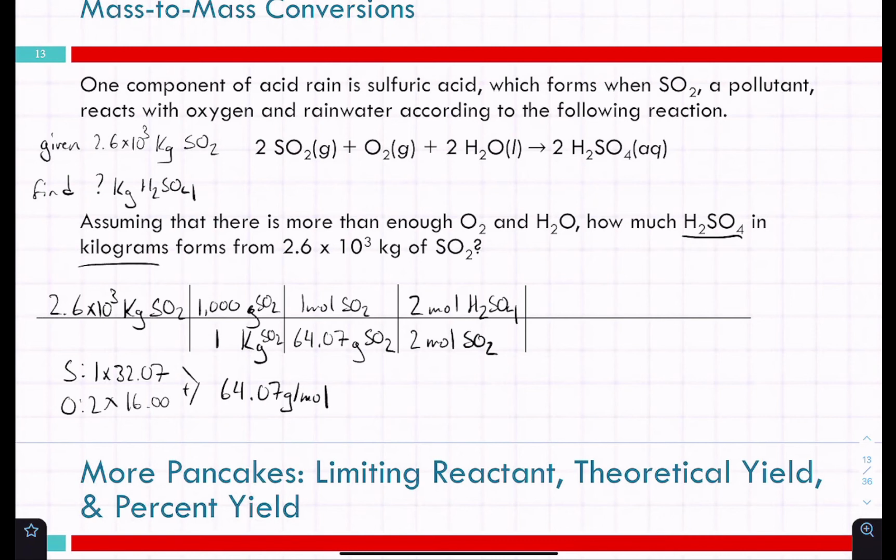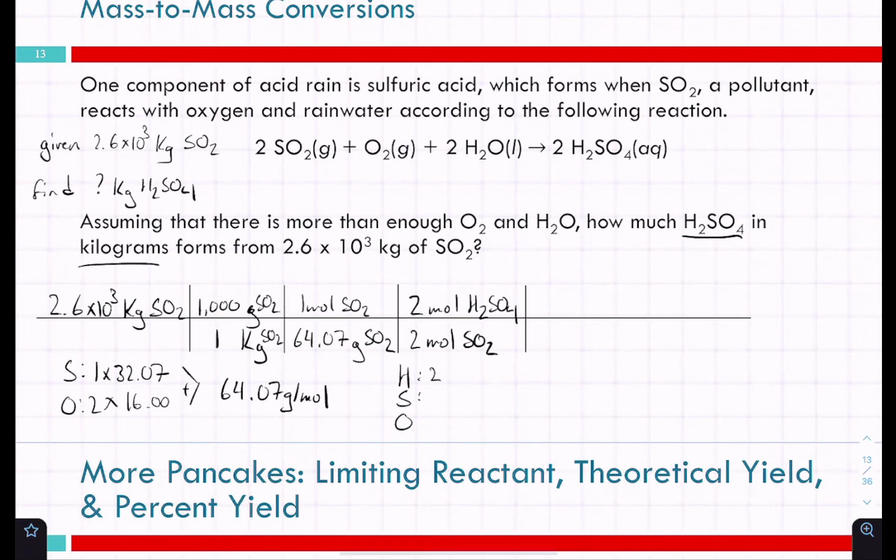Now we have moles of H2SO4. So we need to do what next? Moles of B to grams of B, again using molar mass. So hydrogen, sulfur, oxygen.